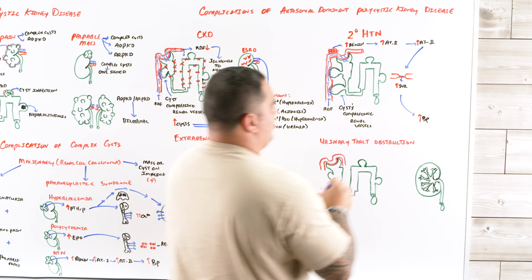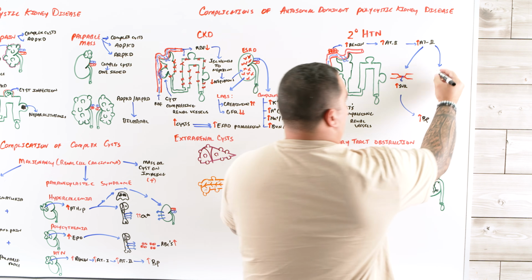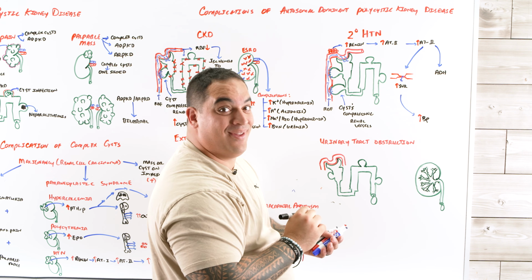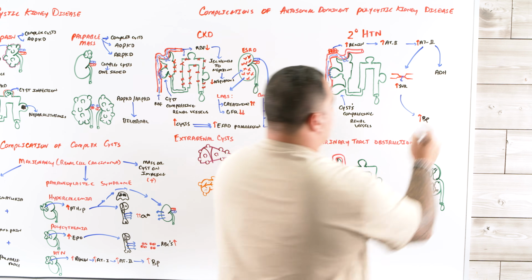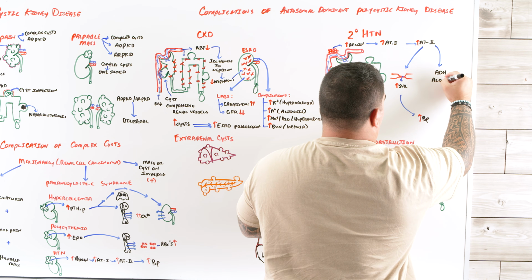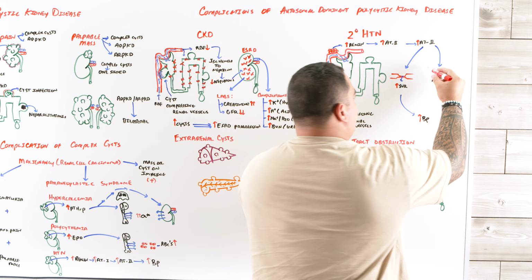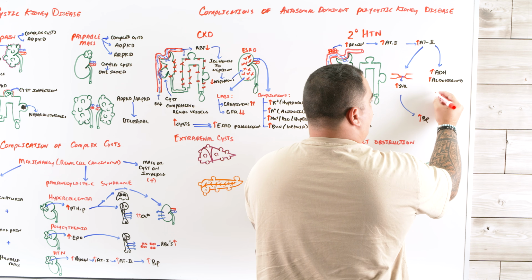The other concept here is angiotensin 2 also increases the production and expression of ADH. And remember, ADH worsens cyst growth, which can worsen hypertension and worsen end-stage renal disease. But it also increases the expression of aldosterone. What do these two combos lead to? ADH, you retain water. Aldosterone, you retain sodium.